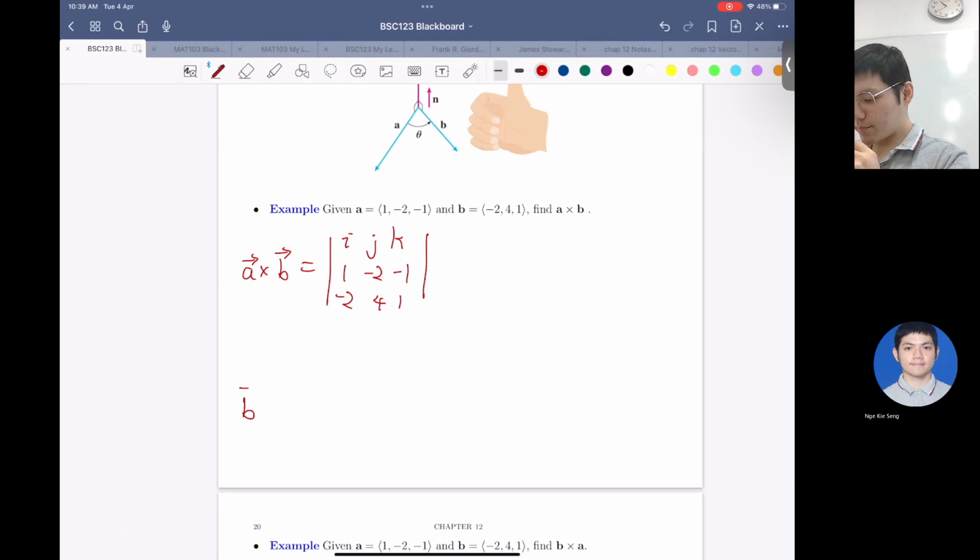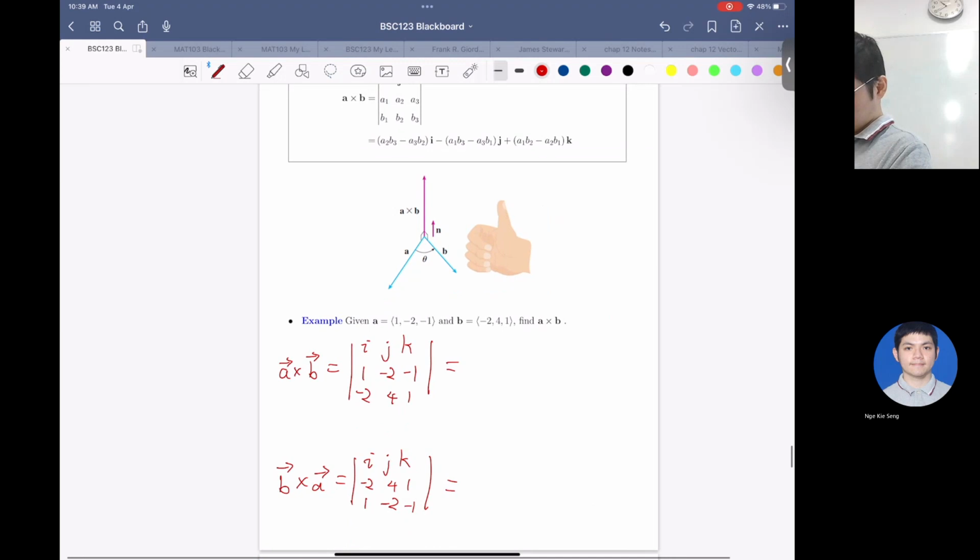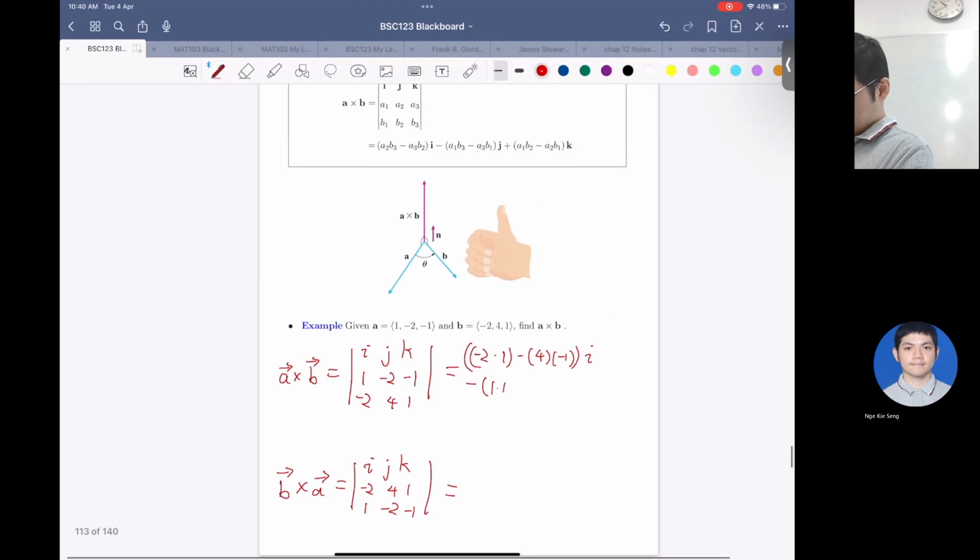Compute A cross B and B cross A. Two directions I want you to compute. Just try compute.